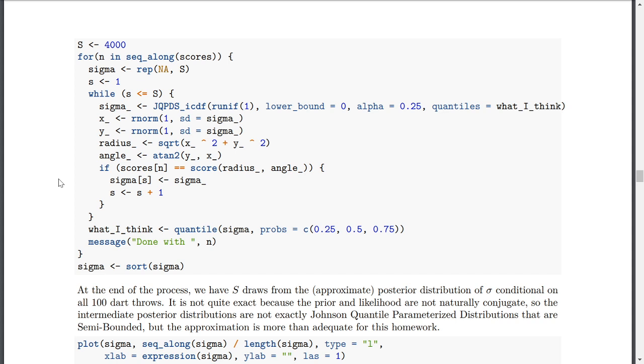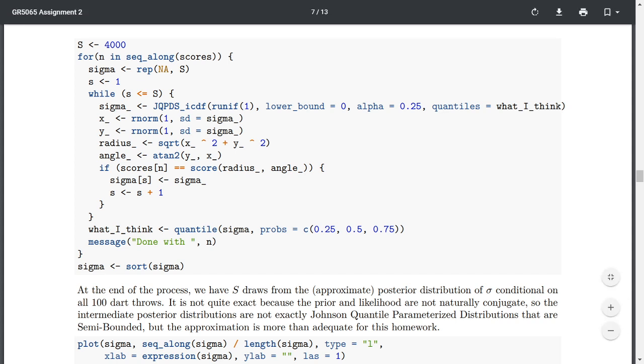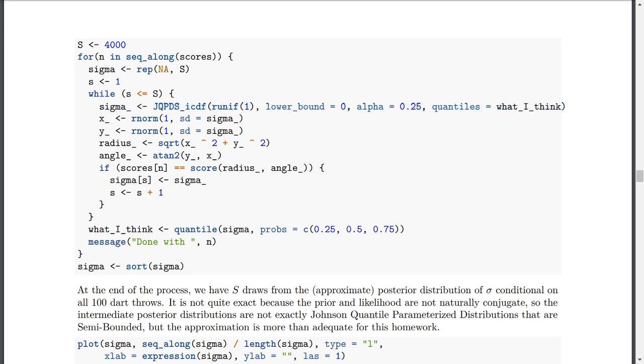So if we want 4,000 matches for the posterior distribution on each dart throw, we loop over those, so looping over the scores, initialize sigma and set S to 1, then do a while loop where we repeatedly draw from the prior distribution of sigma, then use that sigma to draw once the x and y coordinate from normal distributions, then convert those to a radius and an angle, calculate the score based on the radius and the angle, and if that exactly matches the nth score that we observe, then stick the proposal for sigma into our storage for sigma and increment s to the next thing.